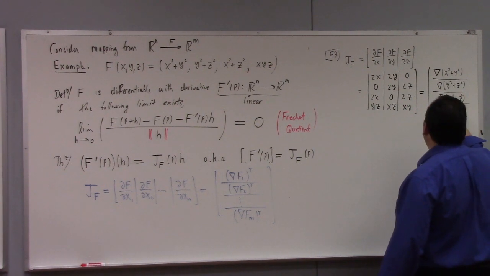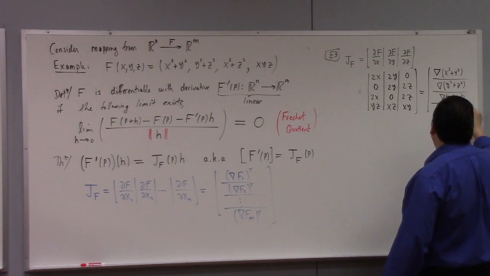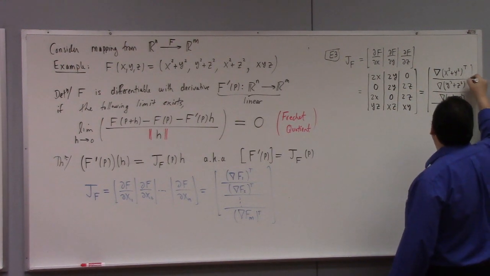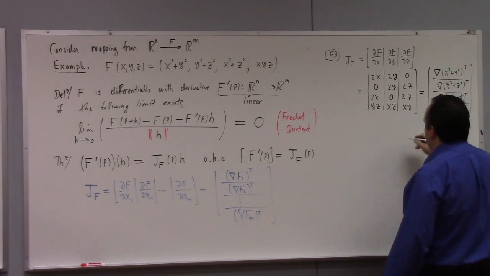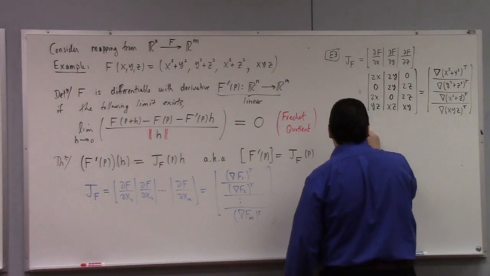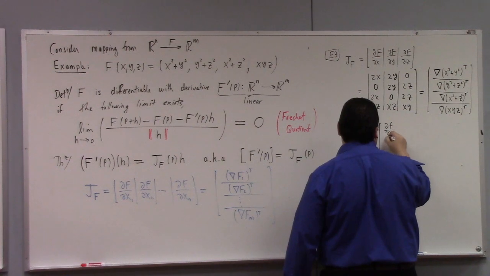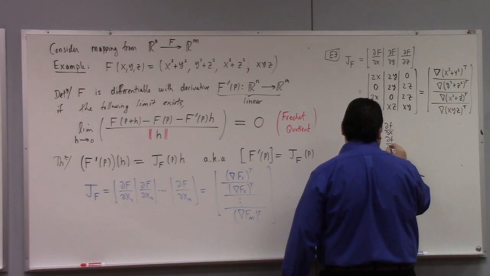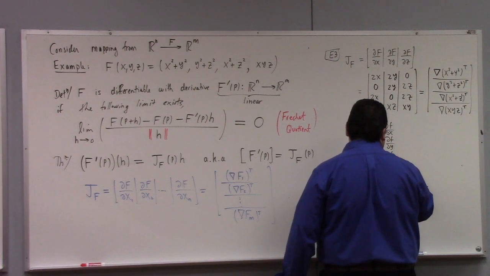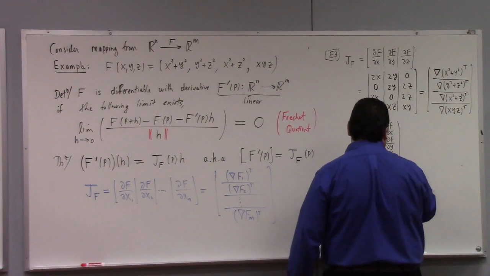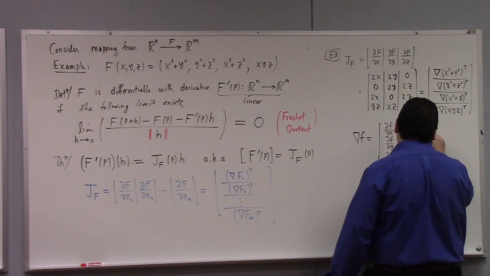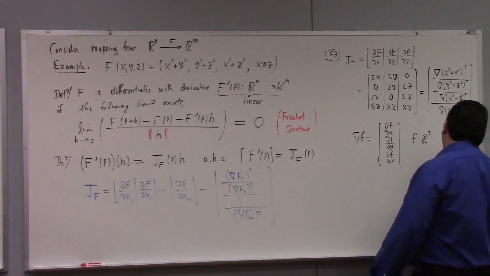And this is the gradient of the xyz function, right? Transposed. Here I'm suggesting that the gradient of f means partial f, partial x, partial f, partial y, partial f, partial z, for f a mapping from R3 to R.